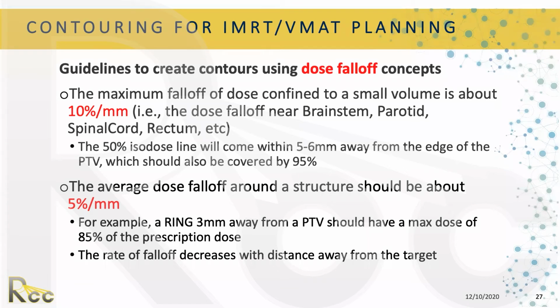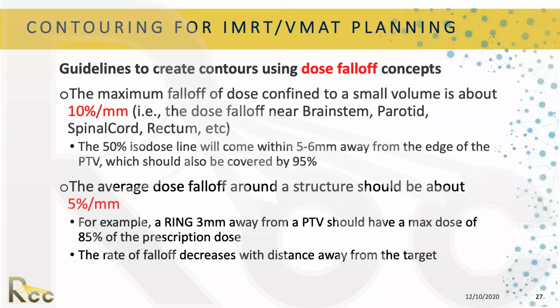So the 50% isodose line will come within 5 to 6 millimeters away from the edge of the PTV, which should also be covered by 95%. So you need to have that in mind. You want to cover your PTV by 95%, but you also need to know that, by this dose fall-off of 5 to 6 millimeters, you're going to have supposedly the 50% isodose line.